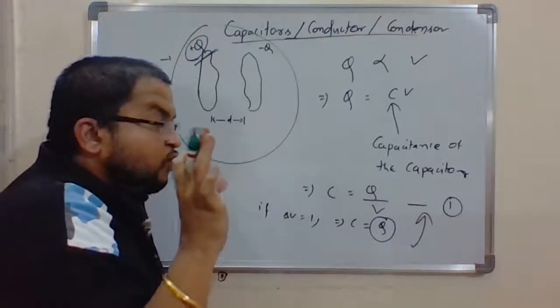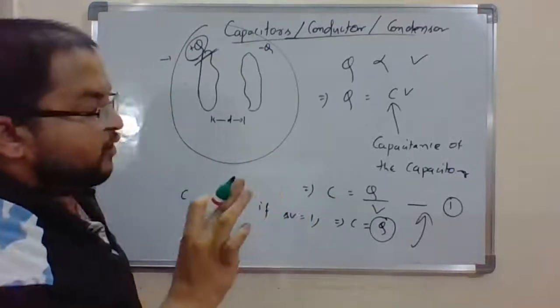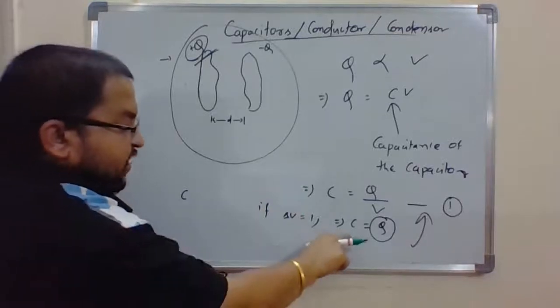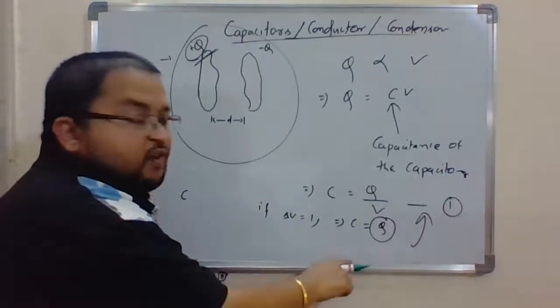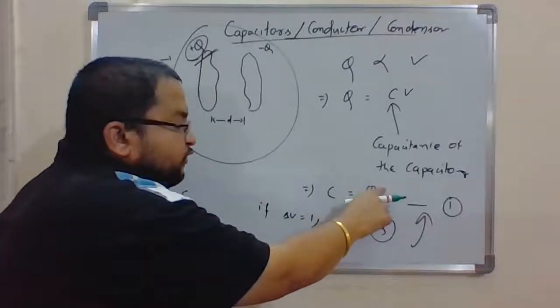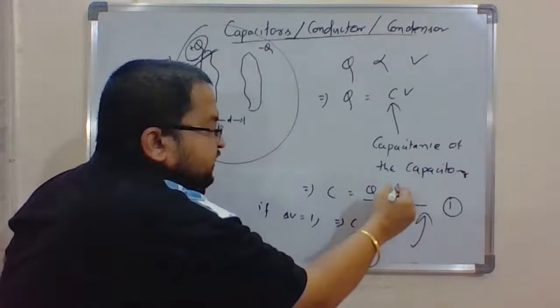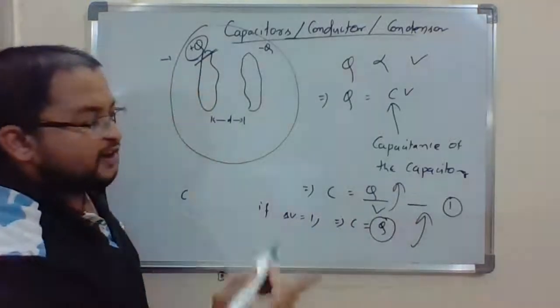We will not use volt here because we have not yet gone to any system of units. So capacitance is defined as the amount of charge required to be stored to increase the potential difference by 1 unit.